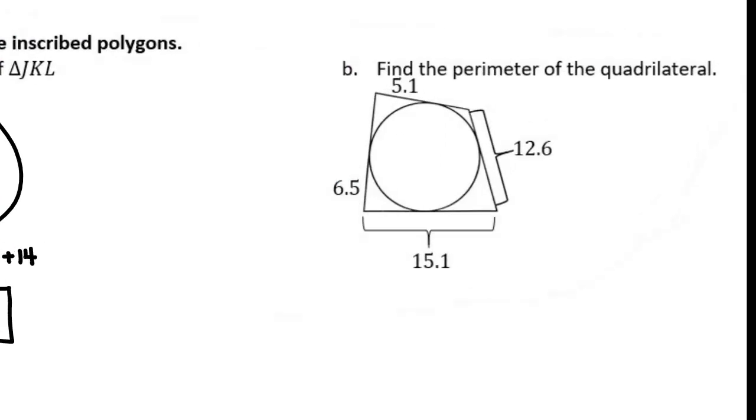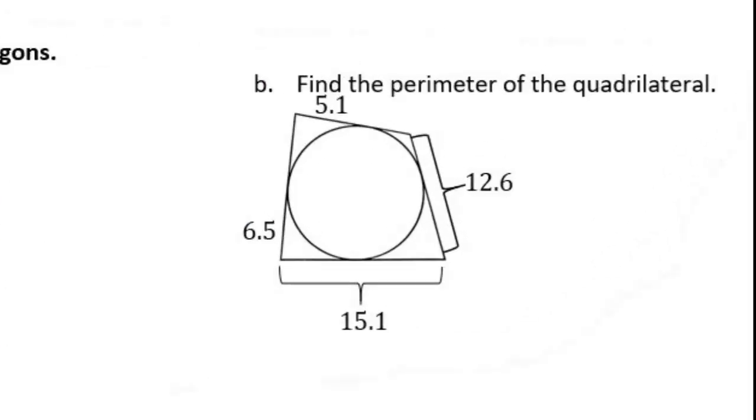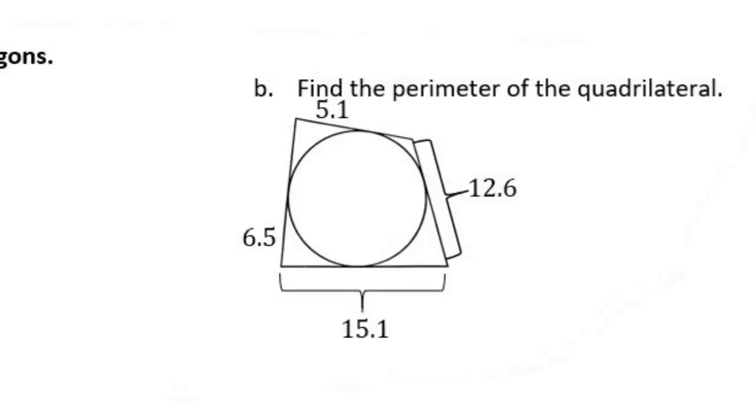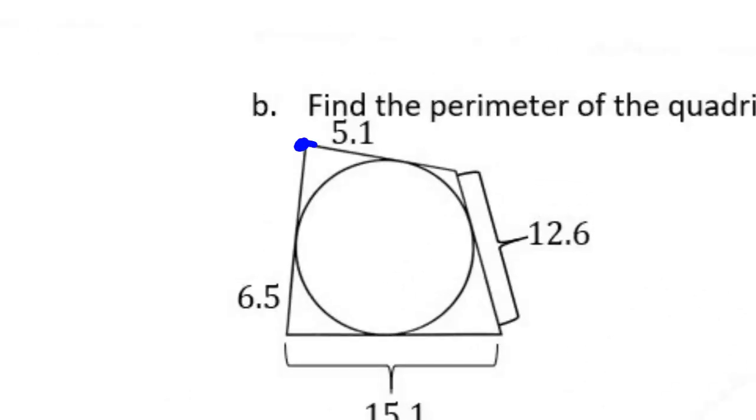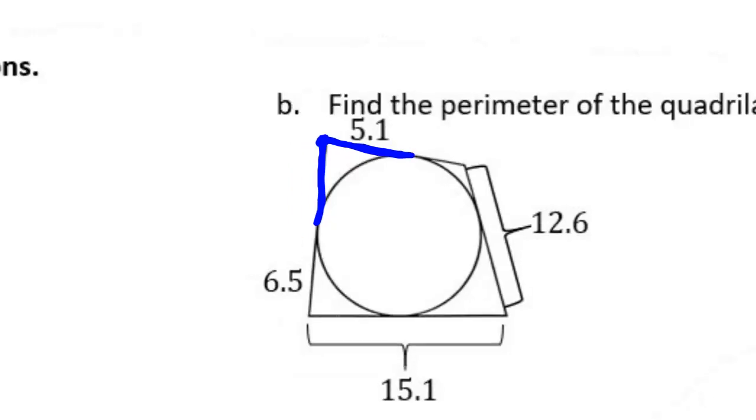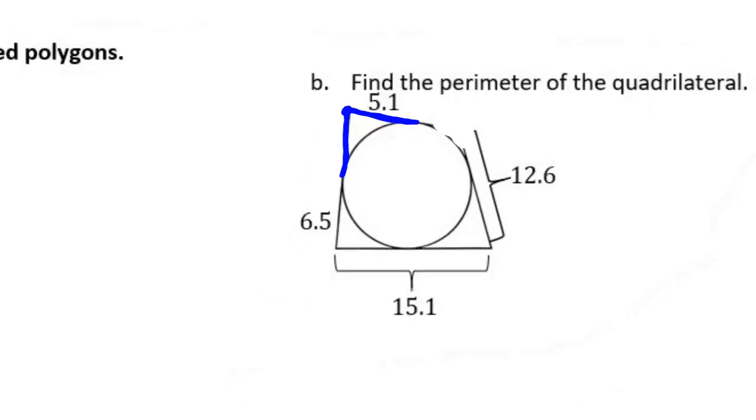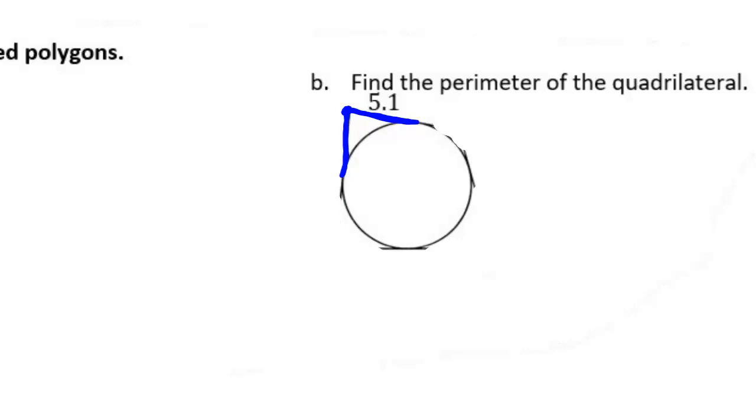All right, last one on this page. I have the same kind of idea going on with this quadrilateral over here. Let's look at just one part of it for right now. I'm going to look at this piece and this piece, pretending that I can't see any of the rest of this right now. What do I know about these two segments?